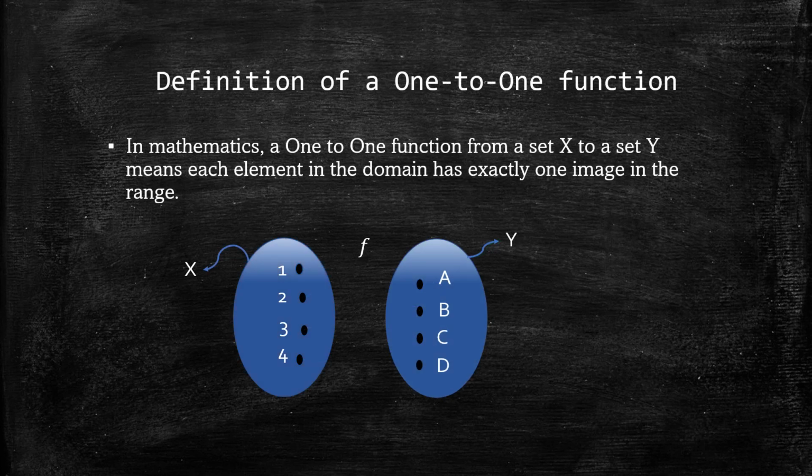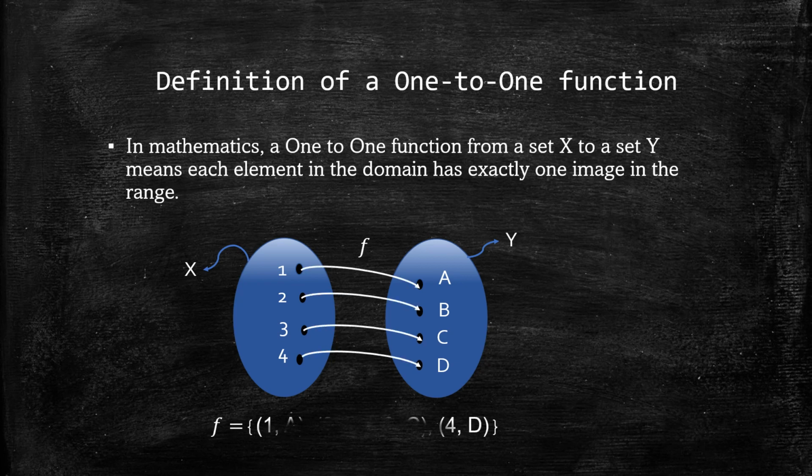A one-to-one function is a relation between two sets where every element in the domain has exactly one image in the range. So notice every element in the domain has exactly one image in the range.